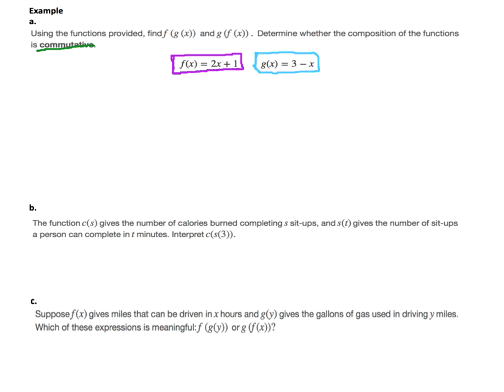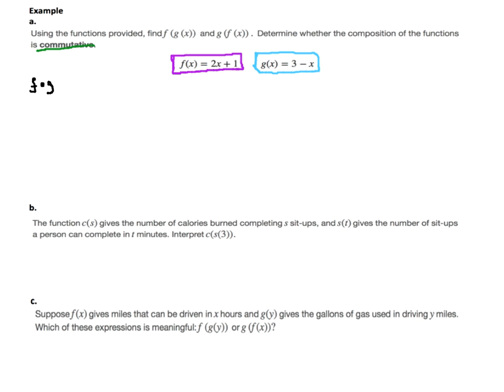So the first thing that we are asked to give a try is f composed with g. That's f circle g. And it's not really an O, it's more like a degree symbol, like 62 degrees Fahrenheit, between them. But it means compose f with g.